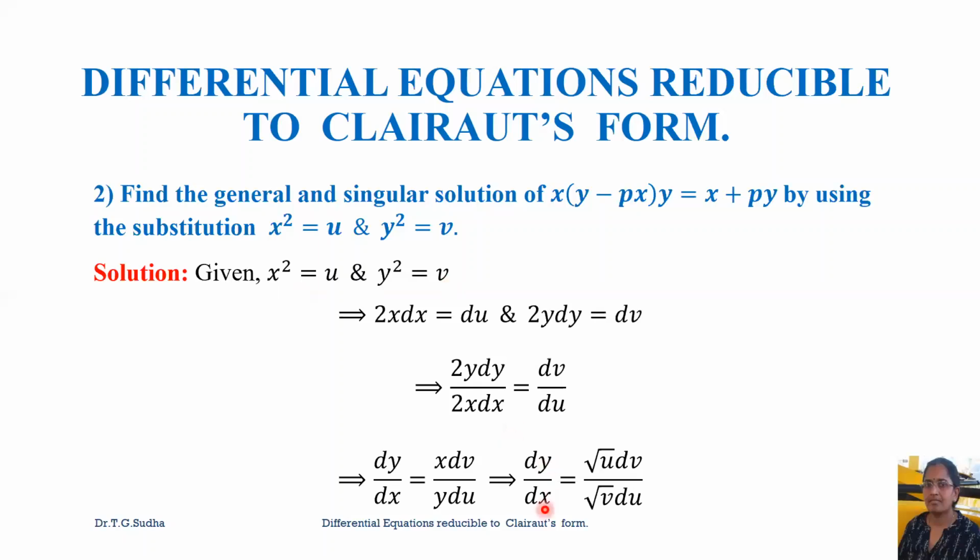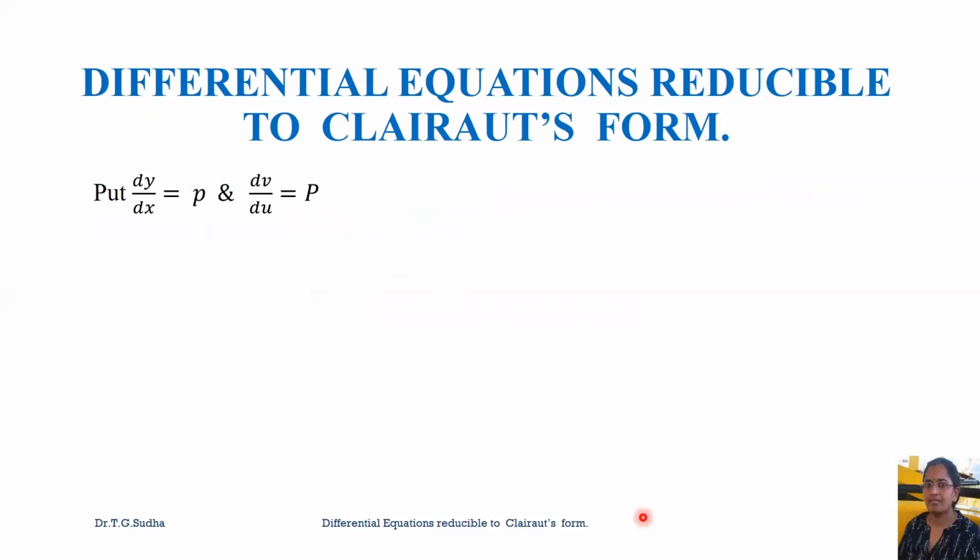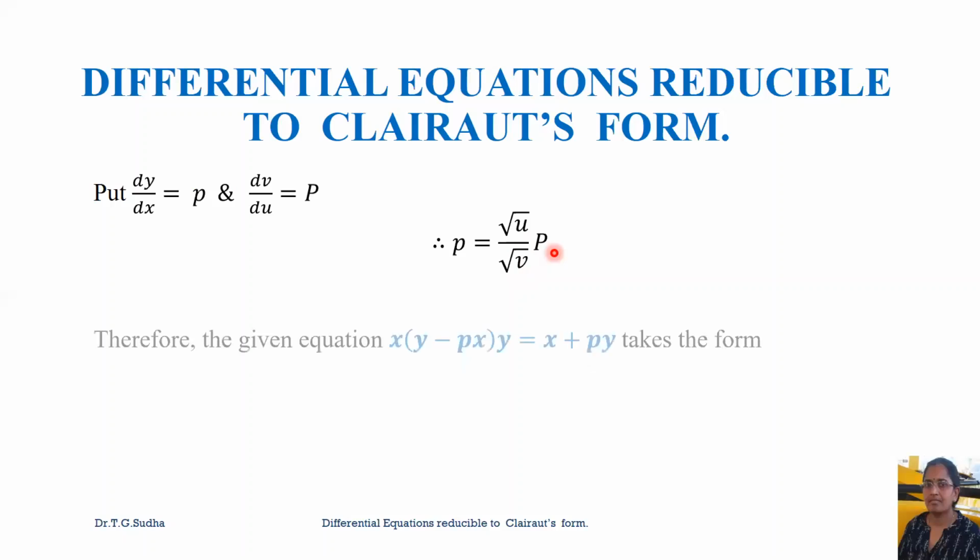So we get dy by dx is equal to root u into dv, root v into du in the denominator. We have the notations now, that is dy by dx is small p and dv by du is equal to capital P now. So on this new notations, we get small p is equal to root u divided by root v into capital P.